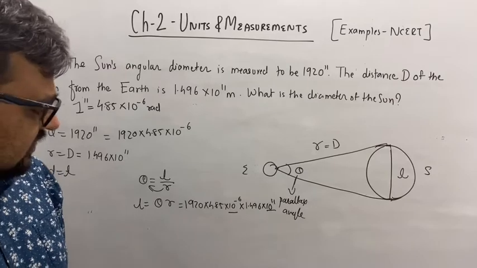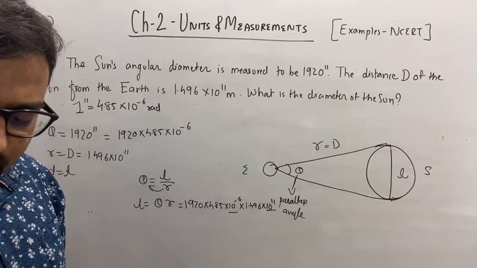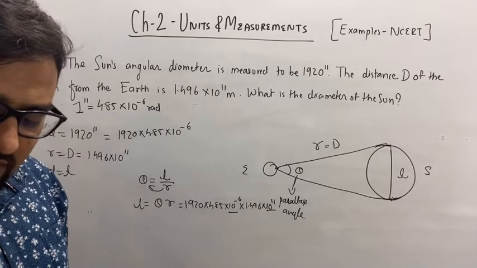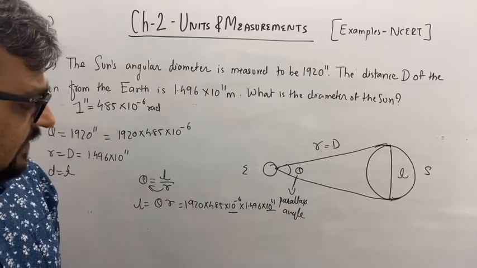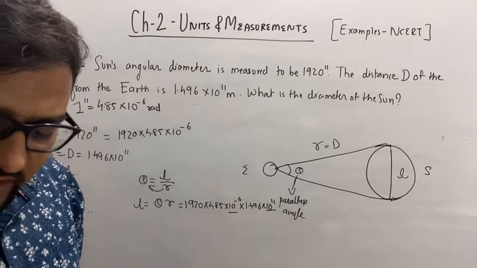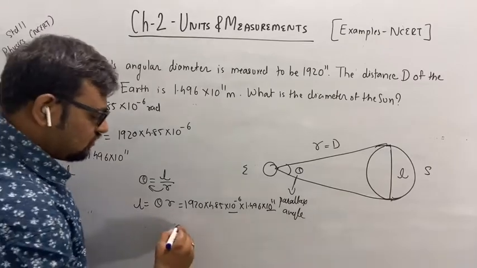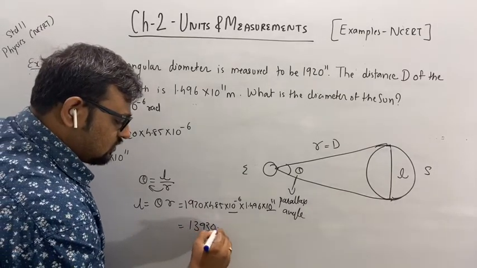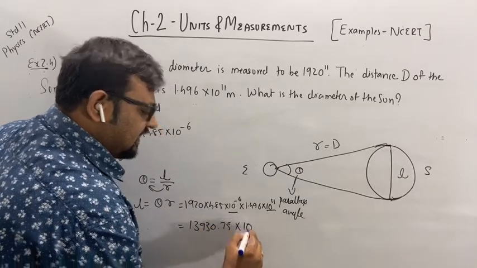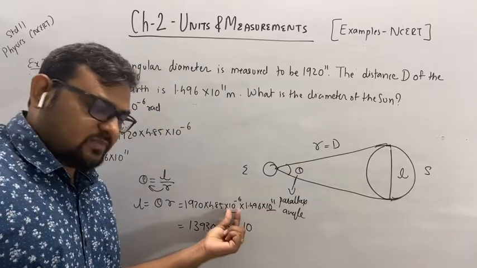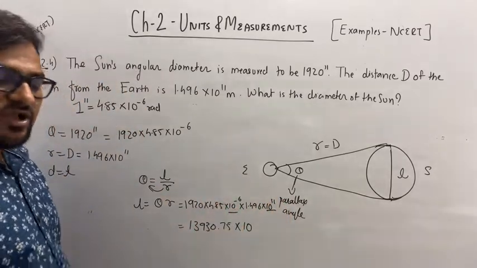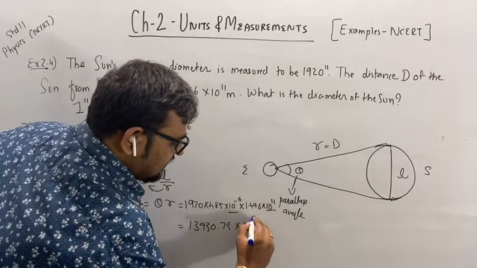Let me calculate: 1920 multiplied by 4.85 multiplied by 1.496 is 13930.75, into 10 raised to, base is the same, power 11 minus 6, so it will be 5.